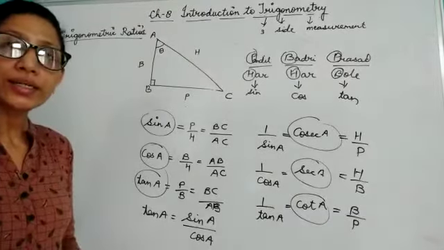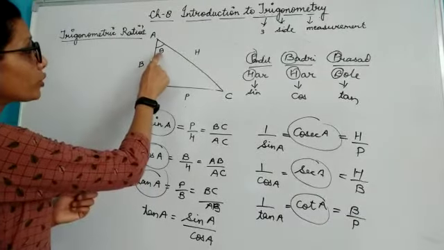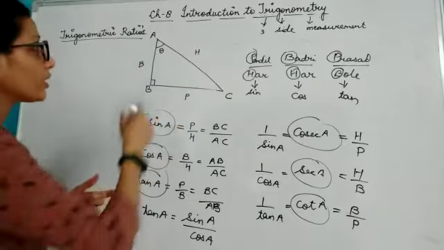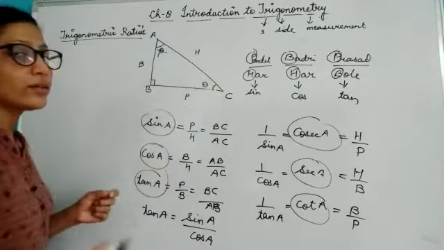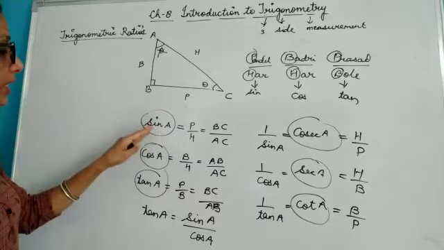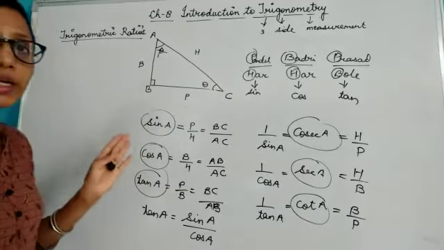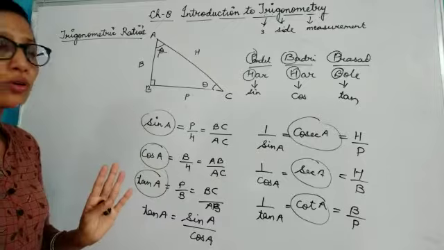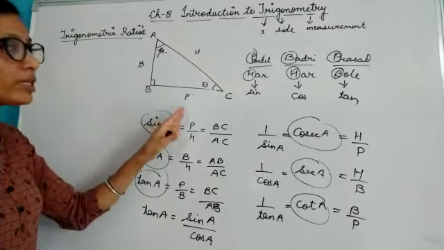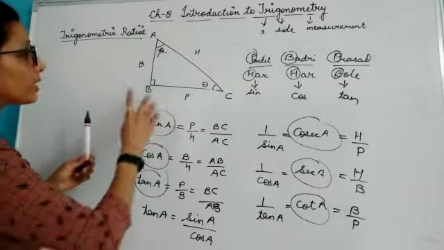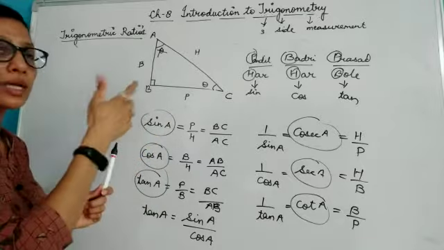Let's now understand the things. If the position of theta is changed, if say I take this theta over here, then what will be your sine A, cos A, tan A? Children, I told you that before going on to these trigonometric ratios, you need to set the places of perpendicular, base and hypotenuse.